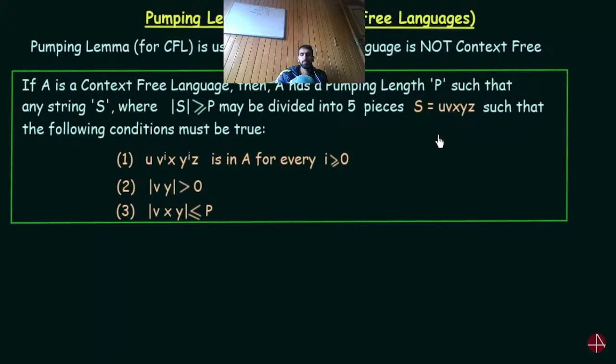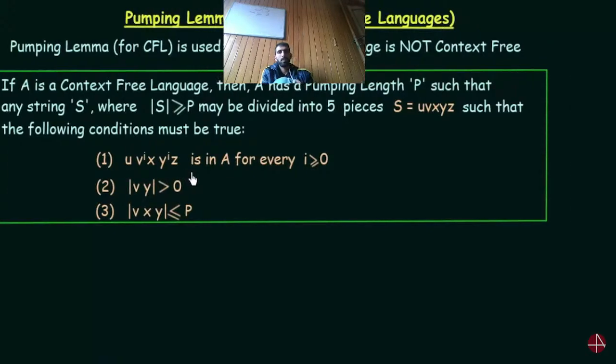After dividing, you have to show that u v^i x y^i z also belongs to the same language for every i greater than or equal to 0. This condition must hold if the language is context-free, and conditions 2 and 3 must also hold. We will focus on condition number 1.